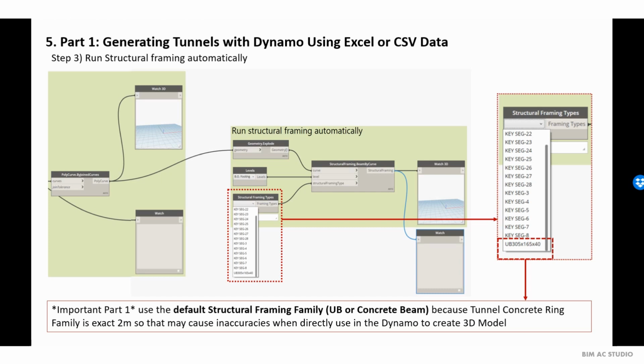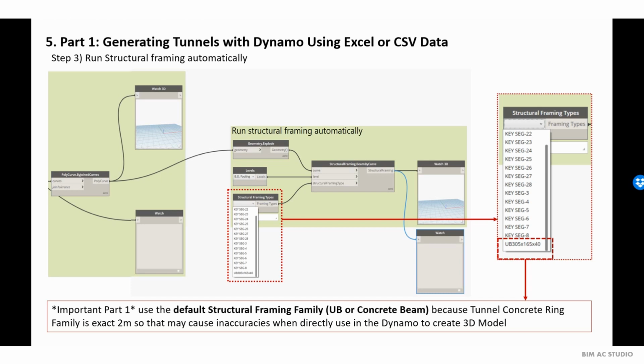So after we have created a polycurve in Dynamo, here's step number 3. We need to create the structure. We are going to place our pre-created structural framing family along the polycurve line. In this case, I just want to advise you that when we are selecting the structural framing type node, we are using the default structural framing family, something like UB305 or whatever you like.